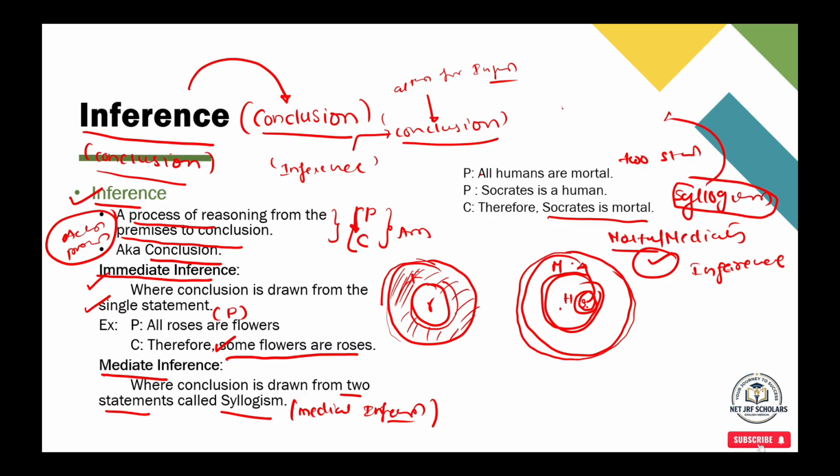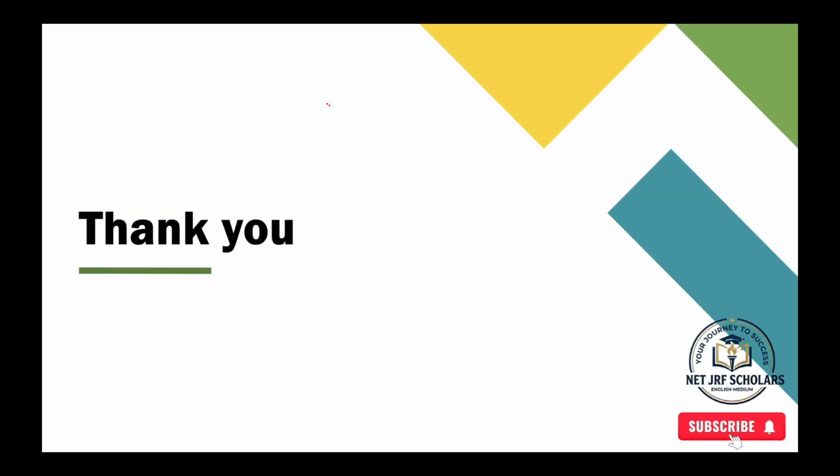The syllogism concept is very, very important. I am going to make a separate video on syllogisms. So these are the important terms and concepts for the logical reasoning chapter.